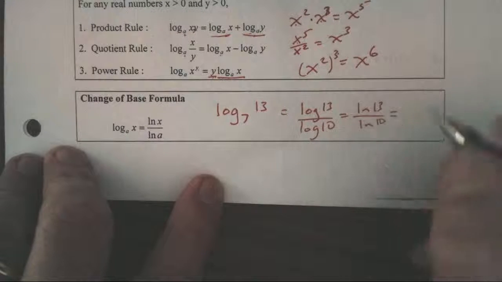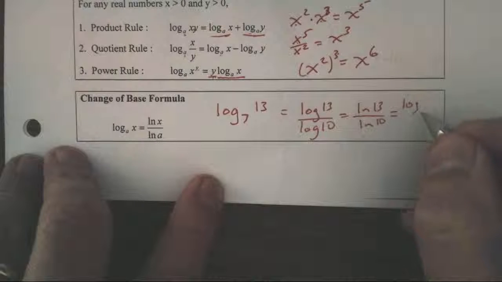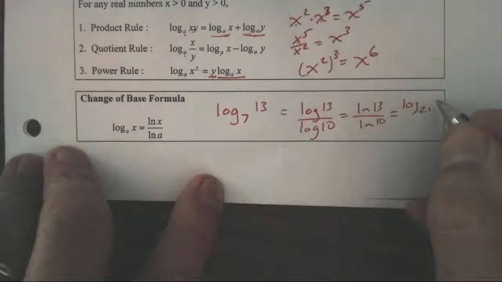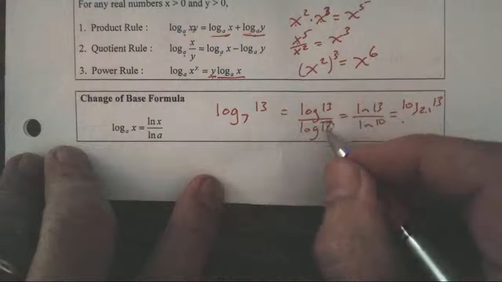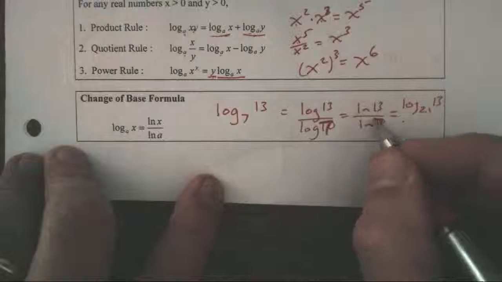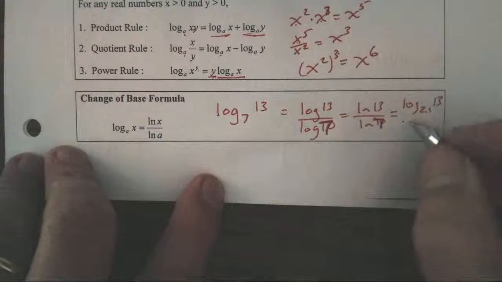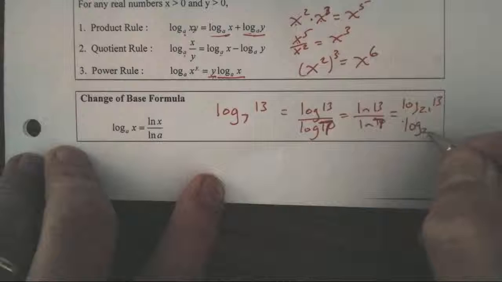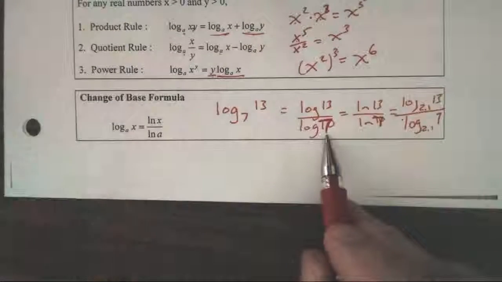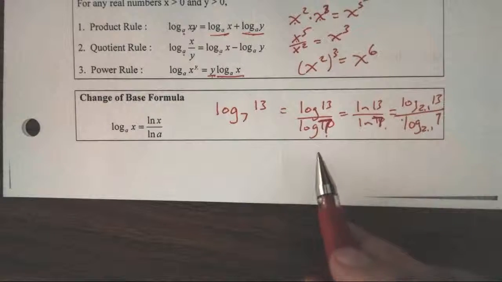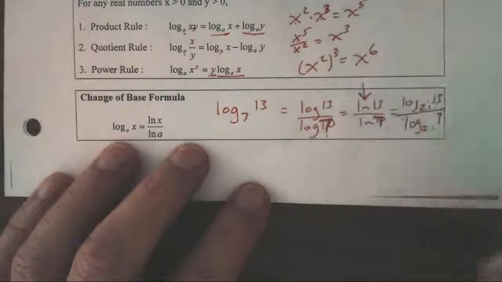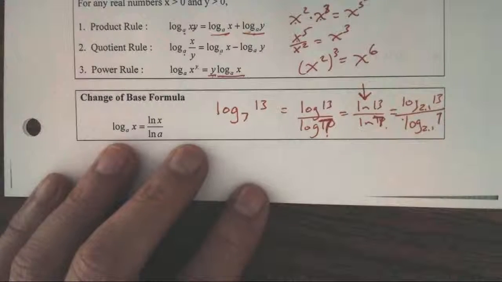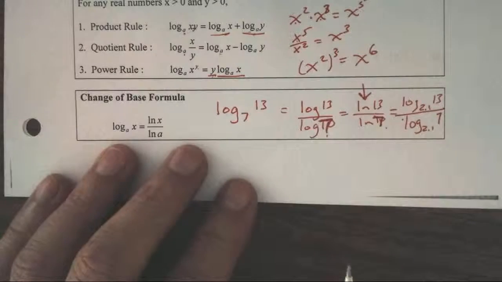I could rewrite it as log base 2.1 of 13 over log base 2.1 of 7. My apologies on that. But we can basically choose any log we want. If I'm using this, I'm very typically going to go to ln's. That's just my habit. Most people typically go to ln's or to plain old log.